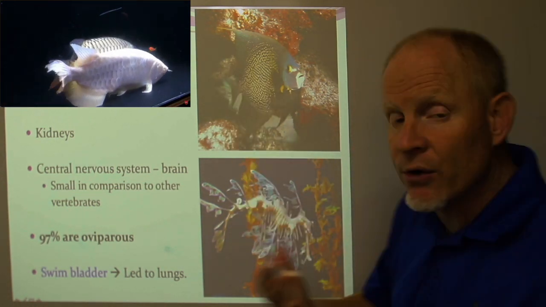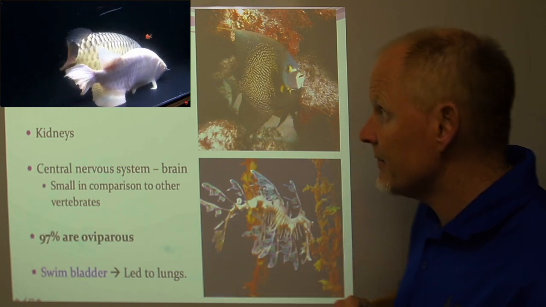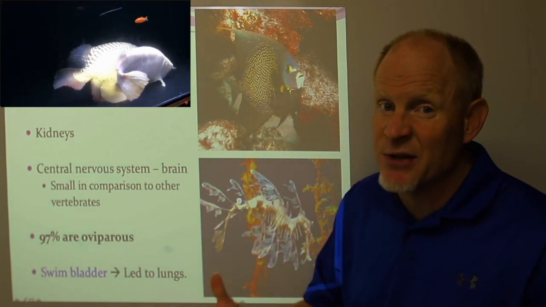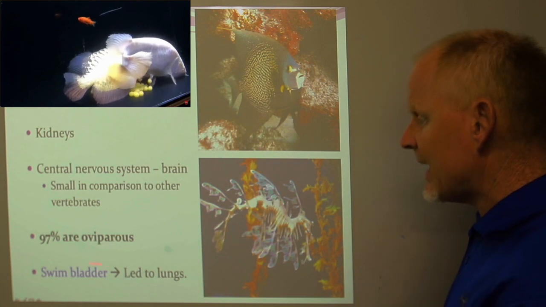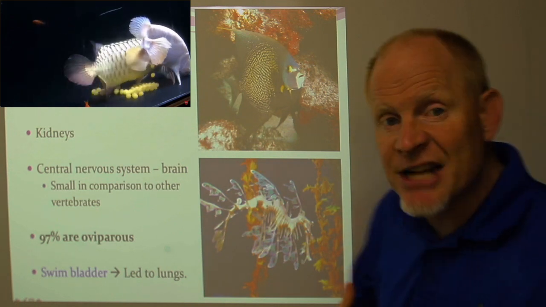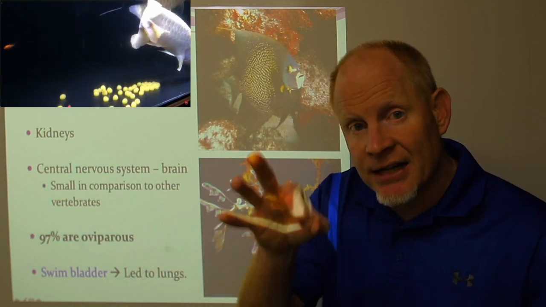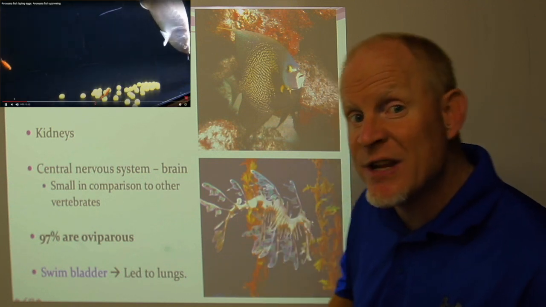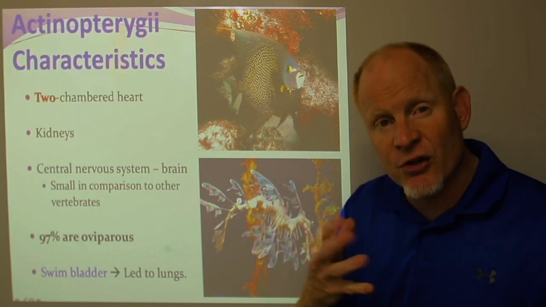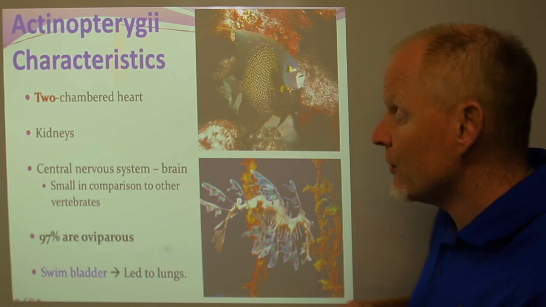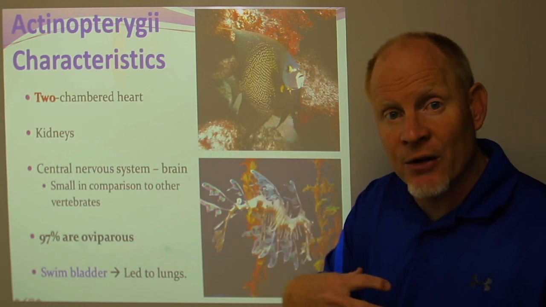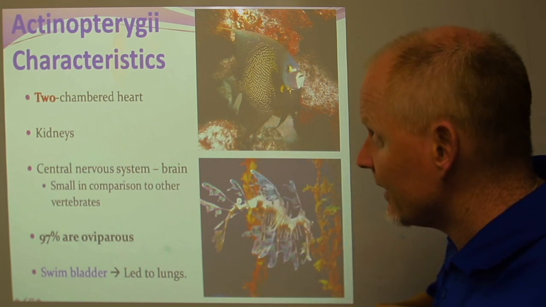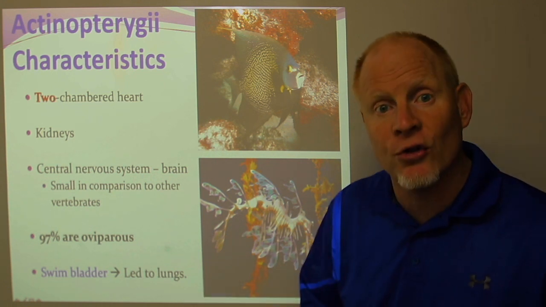There is some parental care that you do see, obviously, in some species, but in other species there is no parental care. They have swim bladders. These bladders sometimes are attached to the digestive tract. They have a duct from the bladder that attaches to the esophagus, or close to the esophagus usually. In these fish, they can actually gulp air and swallow it and move it into the swim bladders, and they start to act like or look like lungs.